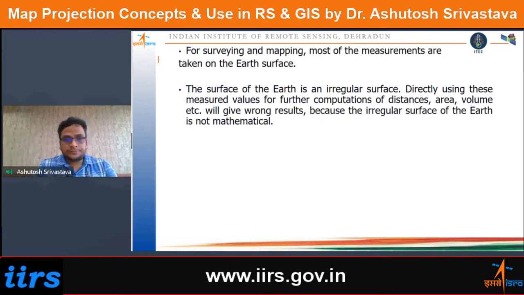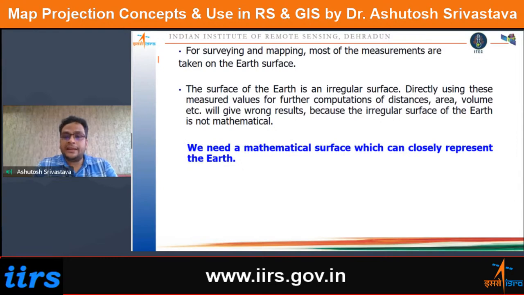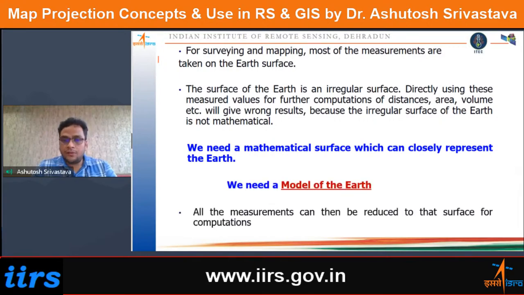We need a mathematical surface because it is an irregular surface, one which can closely represent our Earth, and we need one model of the Earth. So all the measurements can then be reduced to that surface for computations.